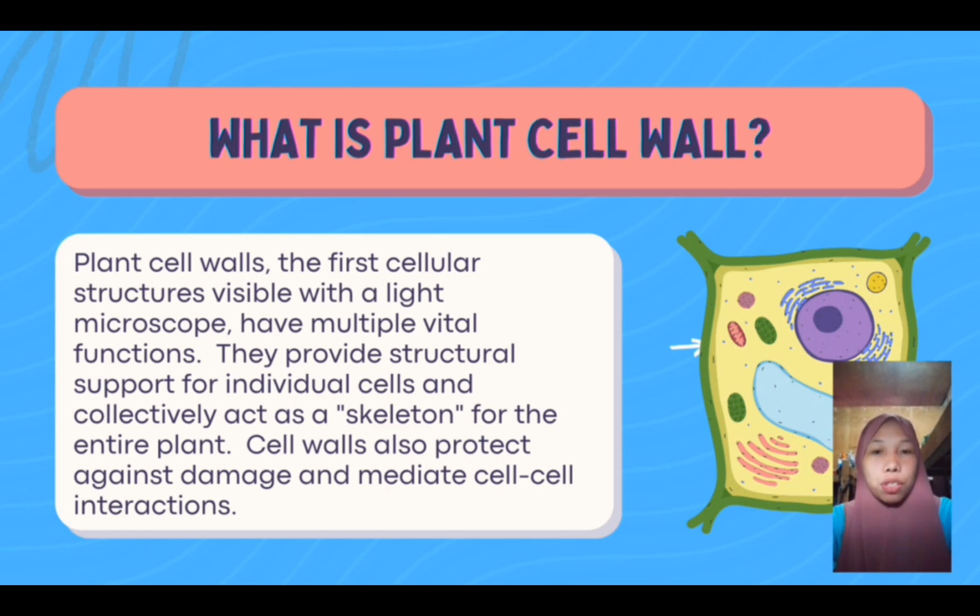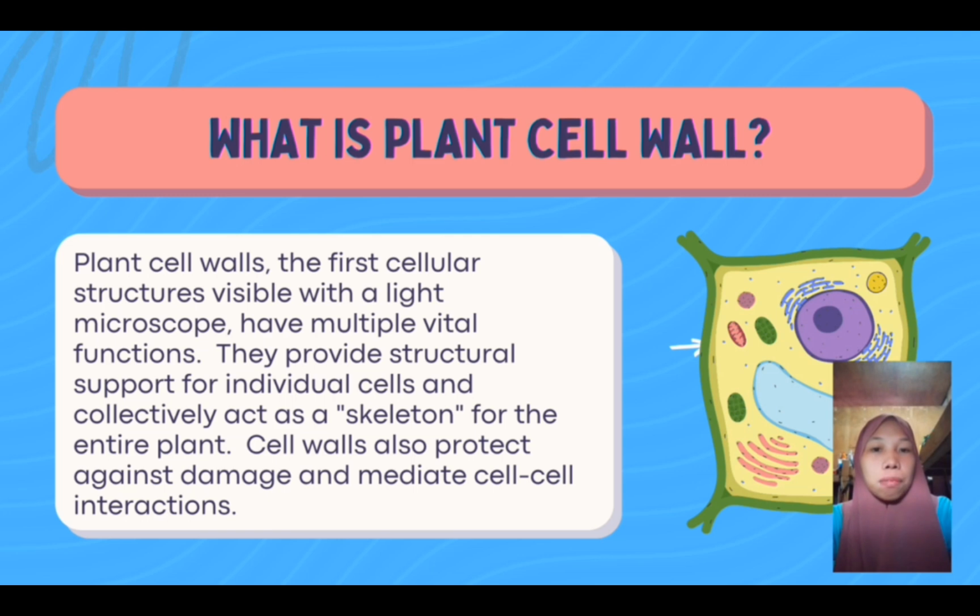First one is structural support. So, nagbibigay ito ng matibay na support sa bawat cell at nagsisilbing parang skeleton like what I've read a while ago ng buong plant. So, dahil dito, ang plant can stand tall and maintain their shape kahit subjected sa iba't ibang pressure tulad ng gravity or strong winds. So, next is protection.